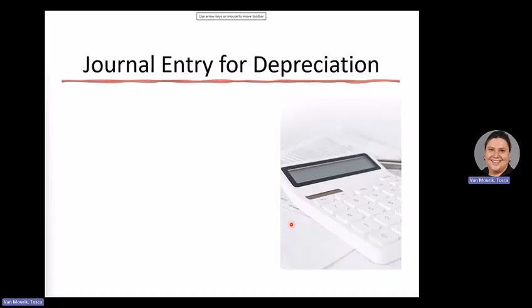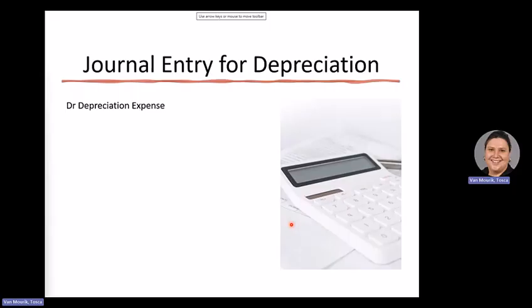So we know that depreciation is an expense, and expenses will increase on the debit side, and therefore I debit my depreciation, the expense. And then what is my other leg? My other leg is then accumulated depreciation.